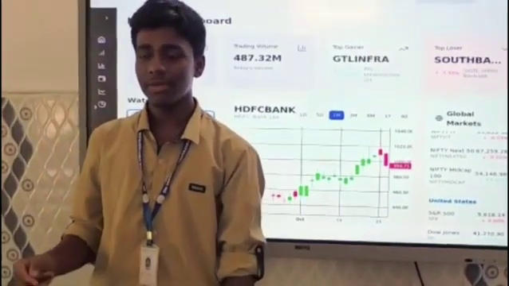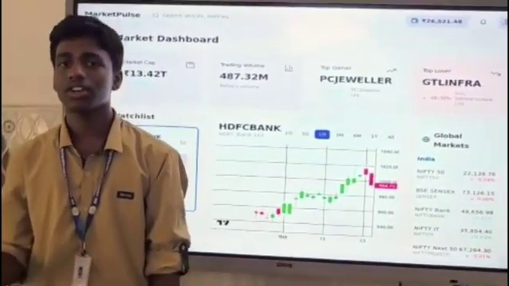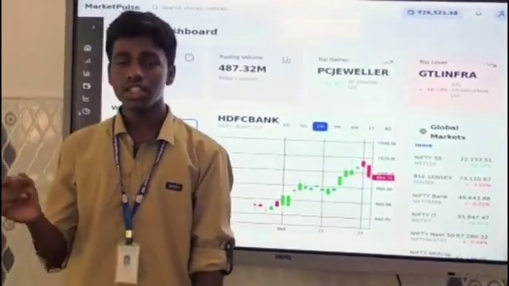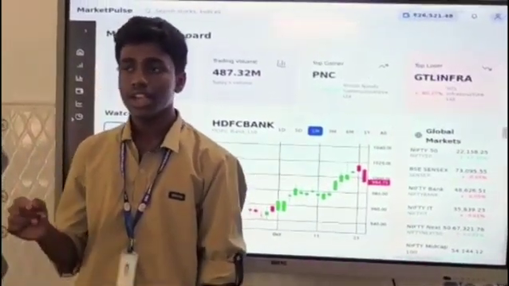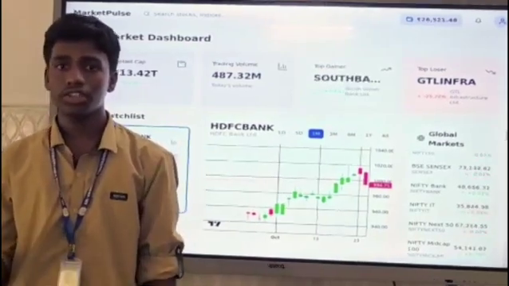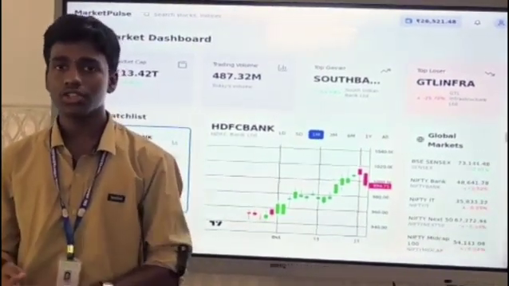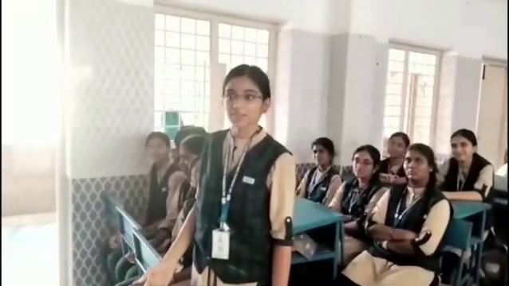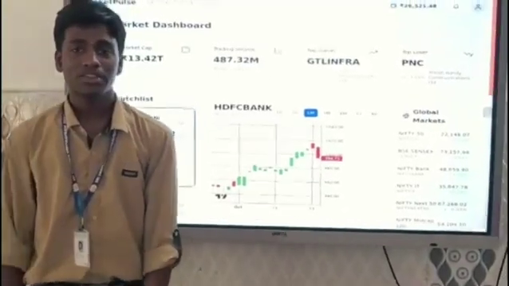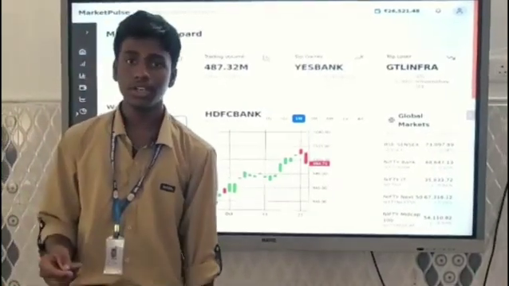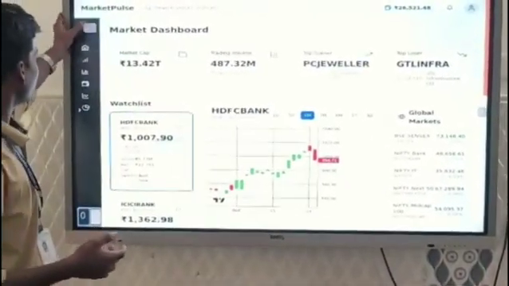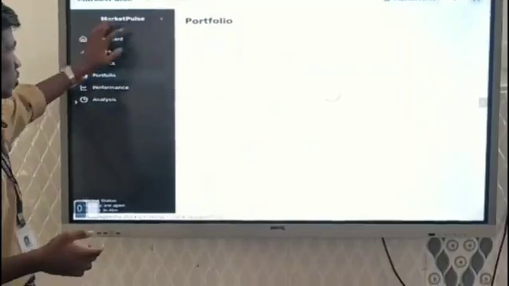A demat account is a digital form of account which is used to hold securities like stocks, mutual funds, bonds, etc. It is similar to a bank account which holds money, but it is used to trade. How can I check? You can check our holdings in the portfolio of the app. For example, in this website, you can check the portfolio or holdings.